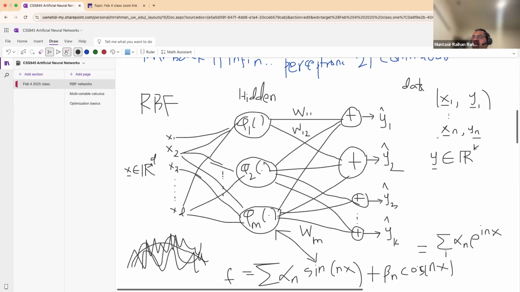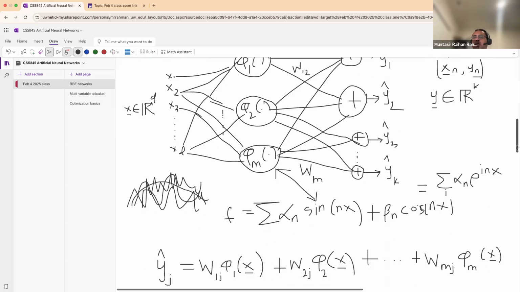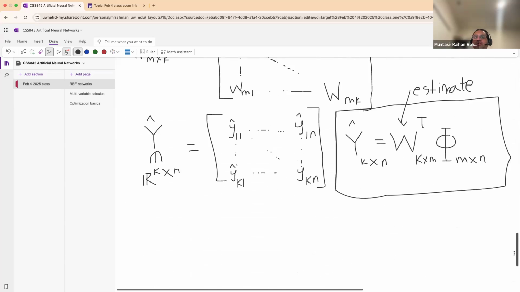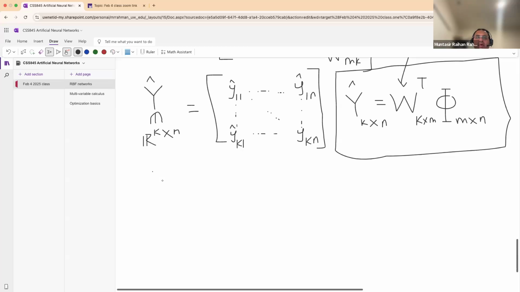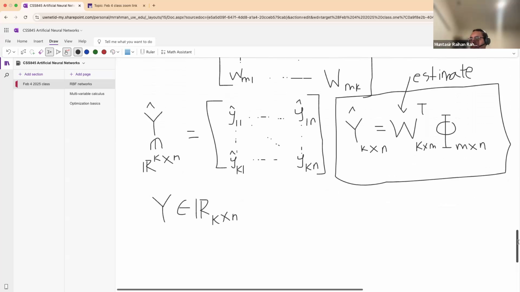That's my data. And then I can form another matrix, which has the same dimension as y, but these are the actual target values, K by n. And now we're going to try to learn these parameters.